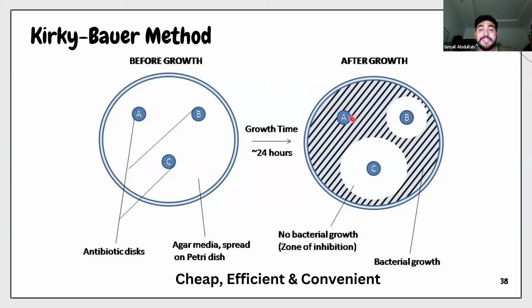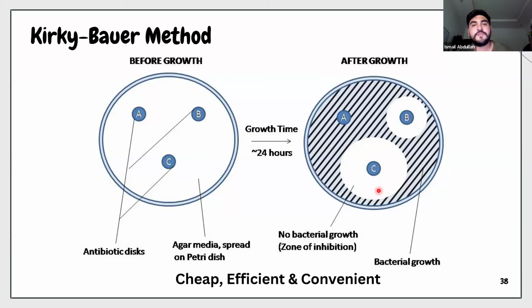Now, if there was an antibiotic disc with full growth, this is, by the way, bacterial growth. If there was full growth around it, then this means that the bacteria is resistant to the antibiotic. All right? But if there was no growth, and this is something we call the zone of inhibition or inhibitory zone, tamam, this means that the bacteria is susceptible to the antibiotic.